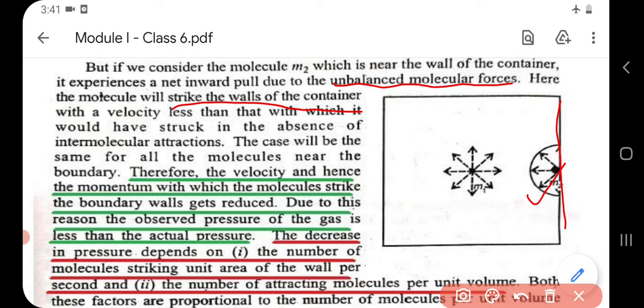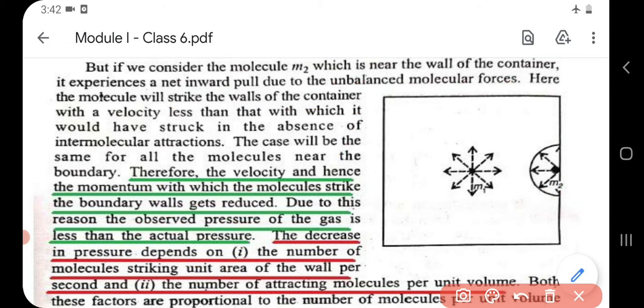The same is the case for all molecules near the boundary. Therefore, the velocity, and hence the momentum, with which the molecules strike the boundary walls will get reduced. As a result, the observed pressure of the gas will be less than the actual pressure.